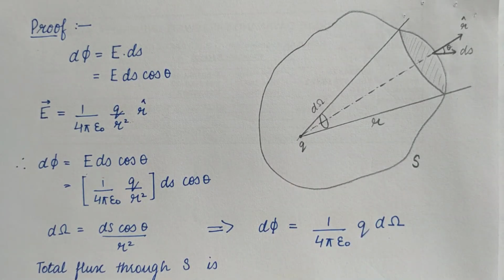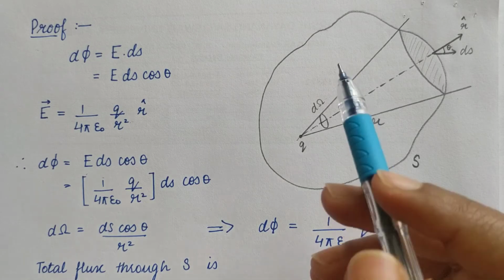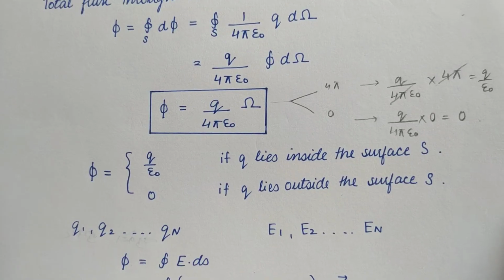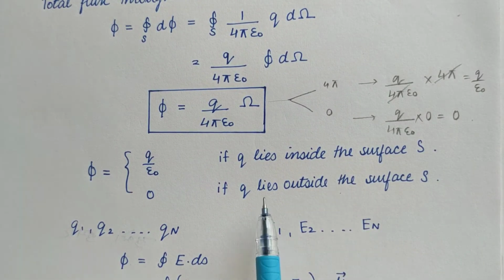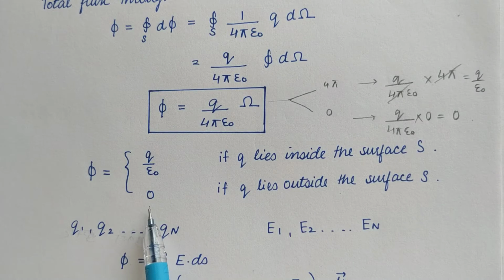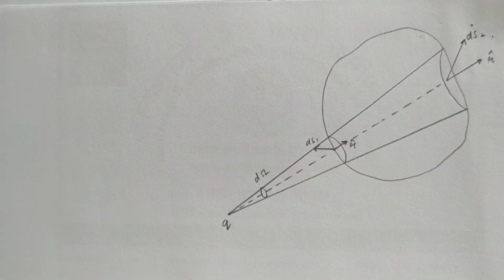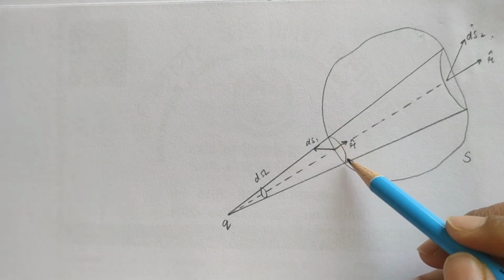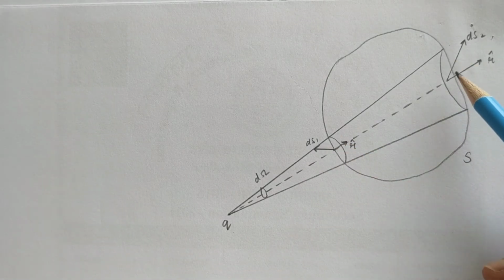Now if the charge q lies outside the closed surface, then it will not contribute to the flux through the surface. We just saw here that when it lies outside, it will give zero flux. So here we have taken the charge outside the Gaussian surface S, where this is the first area and this is the second area.